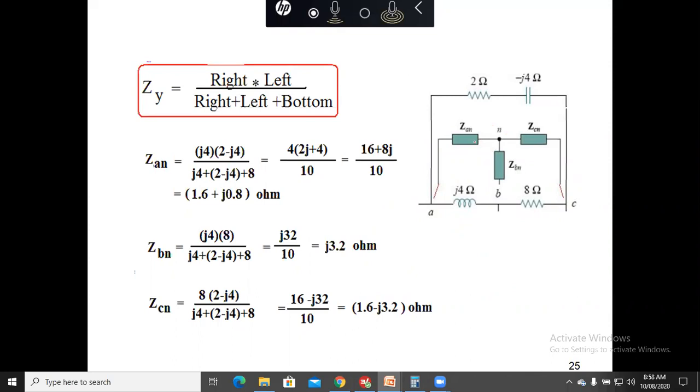So let's move on and see how we have this delta network. ZAN is in fact, how can we convert this? We need to multiply these two impedances, right, to find this value of ZAN. And then we sum up all the impedances, sum up this and sum up this, right?